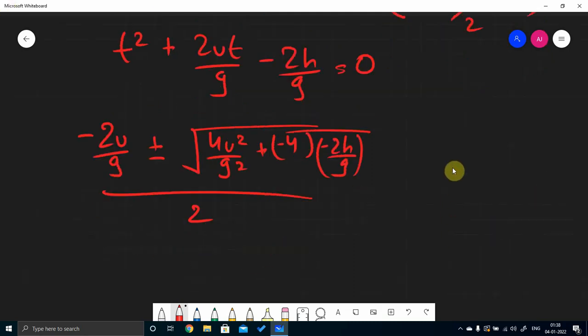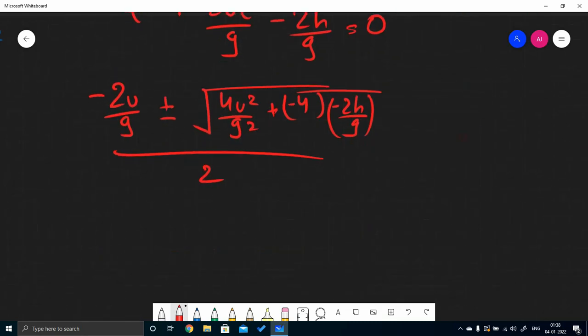I'm pretty sure you guys noticed something here. Now if you take 4 common again, you're going to get minus u by g plus minus under root u square by g square plus 2h by g.